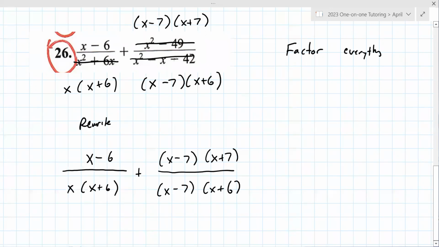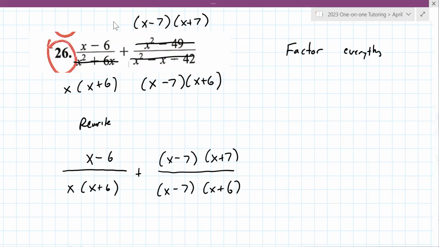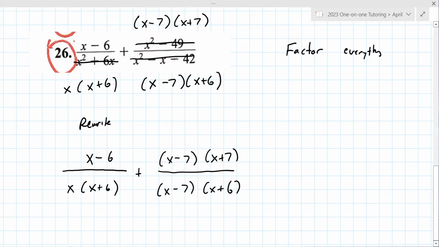Now do you see any cancellations? Yeah. What do you see? X minus 7 on the right side. Okay, anything else?